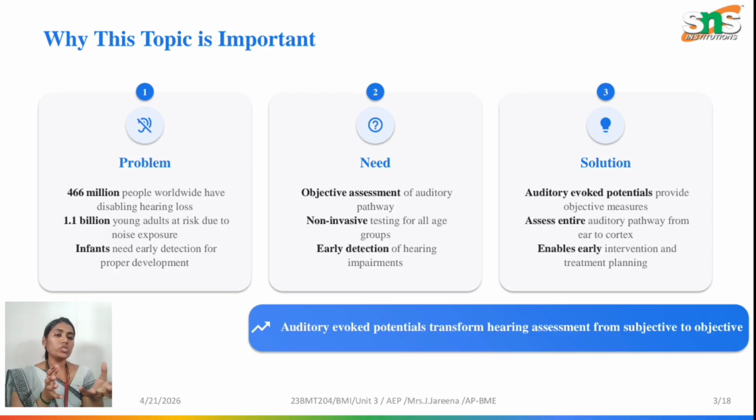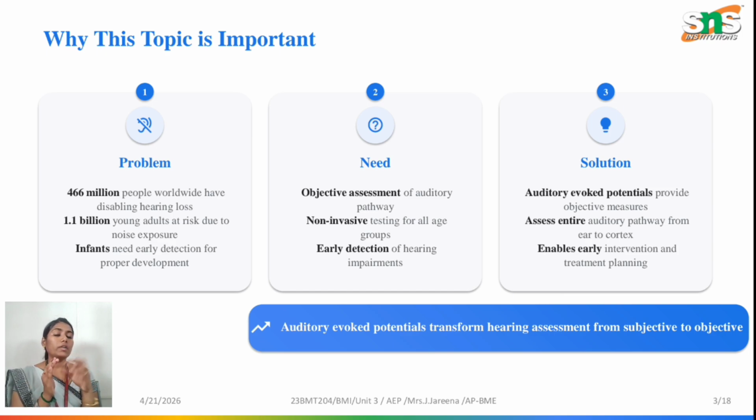So as a solution to address the problem, auditory evoked potential has been brought into the picture, because it provides very good objective assessment, as we discussed already as a need. It also assesses the entire auditory pathway, right from the ear to the cortex, that is the sensory part of the brain.